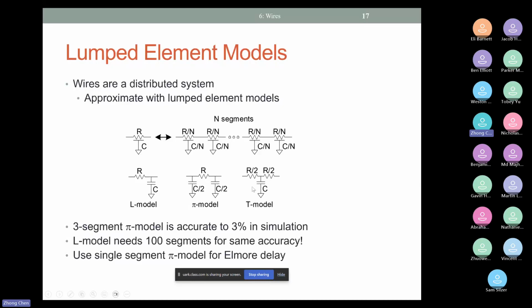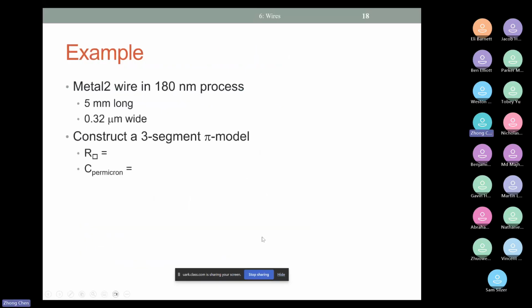And if I calculate the delay in that model, of course, we learned the Elmore delay model, so if you break them into different segments and use the RC to calculate, I get a delay estimation with a different model. Which one is more accurate? The 3-segment pi model is the one that we typically like.